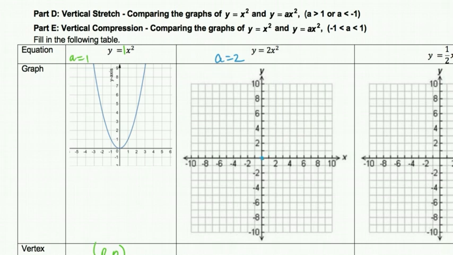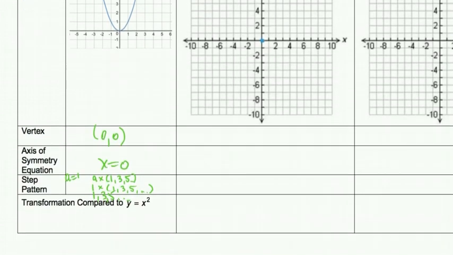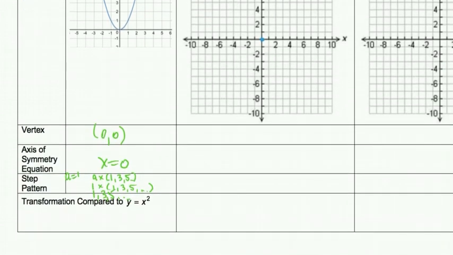But let's figure out the step pattern first. We know the A value here is 2, so our step pattern becomes 2 times 1, 3, 5. So therefore it's 2, 6, 10, etc.